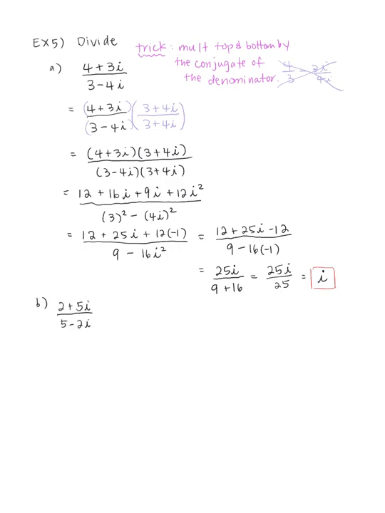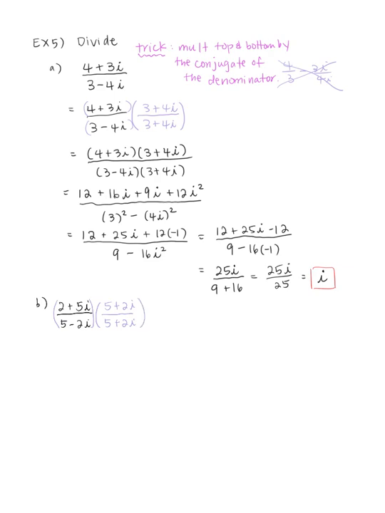Okay, so let's try this one. Part B, 2 plus 5i divided by 5 minus 2i. So please pause the video and try this problem on your own. But meanwhile, I'm going to start. So I'm going to put parentheses around this, and then I'm going to multiply the top and the bottom by the conjugate of the denominator, which is 5 plus 2i.